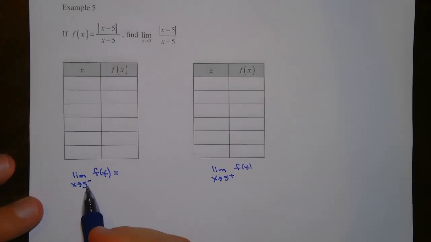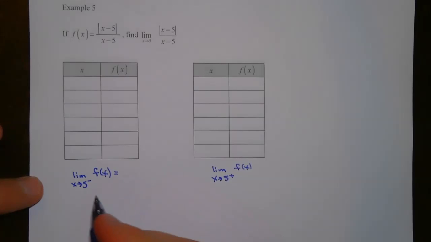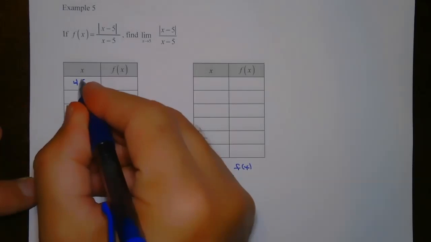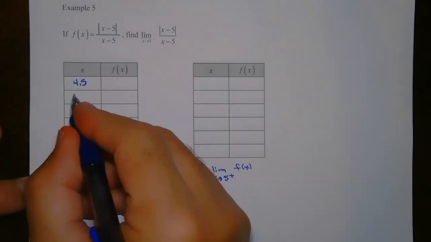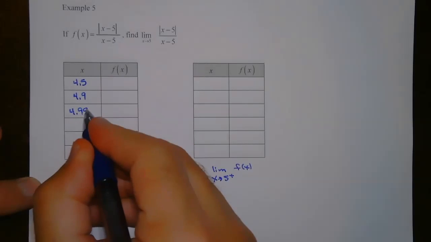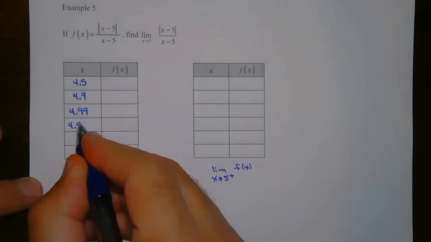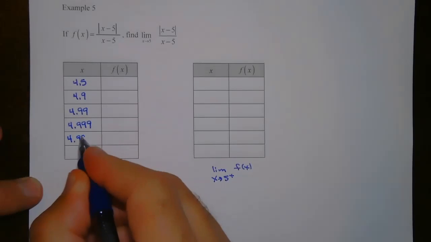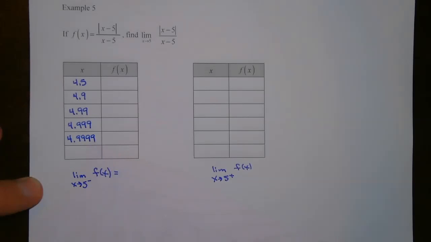So if we want to be to the left of 5, that would be something like 4.5, and then 4.9, and then 4.99, and then 4.999, and then 4.9999.